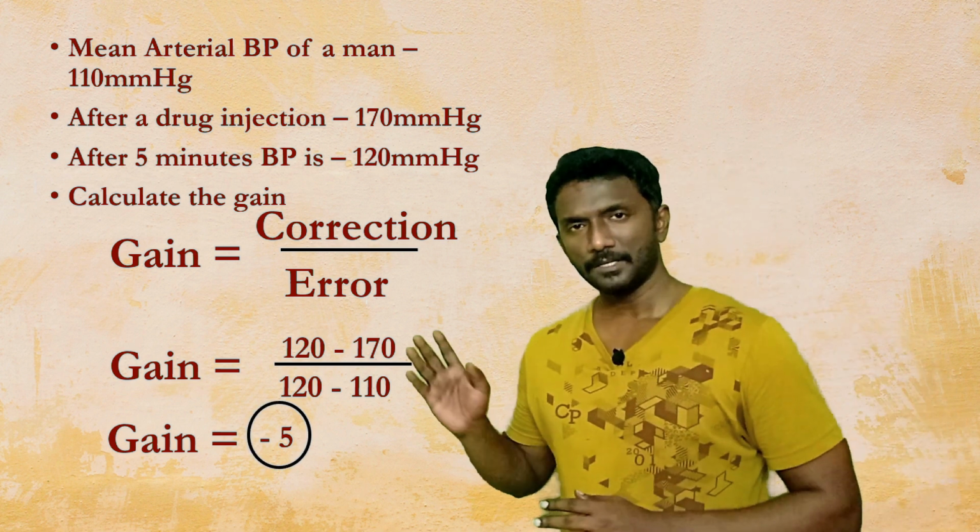Now, with the formula that we studied for gain, we can infer error and gain are inversely proportional to one another. If error is less, gain will be more. If error is more, gain will be less. There are a few places in our body where the feedback mechanism functions so perfectly that there is zero error.